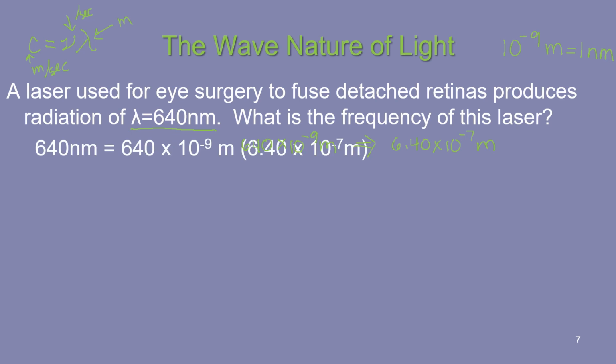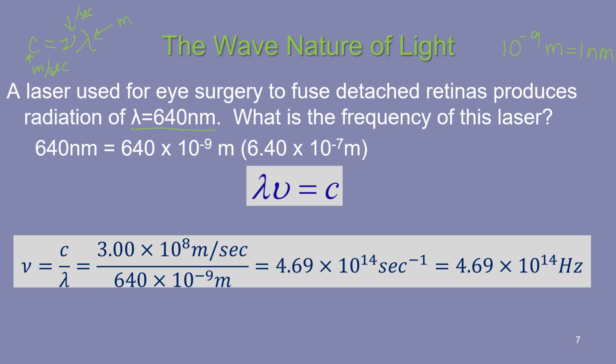All right, let me erase that so that it's not in the way. So 640 times 10 to the minus 9 meters. Now we can plug it into our equation. Lambda nu equals c. You can plug it in and then rearrange it, or you can rearrange it and then plug it in.